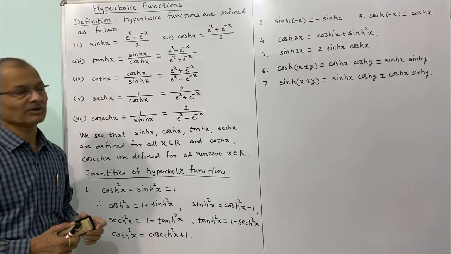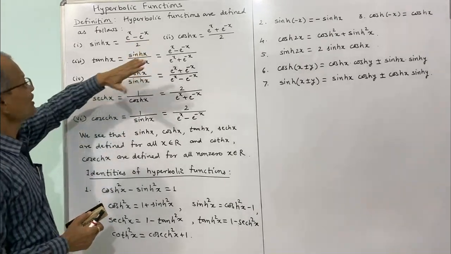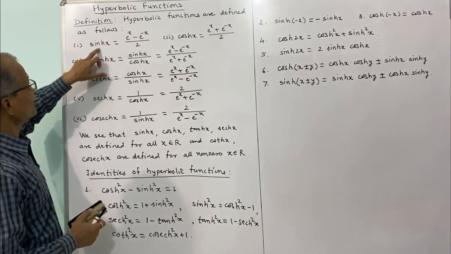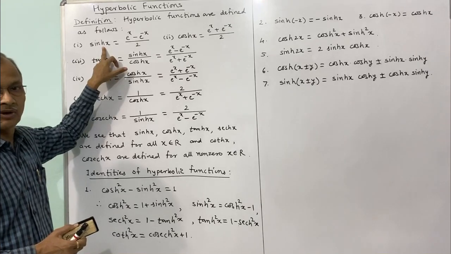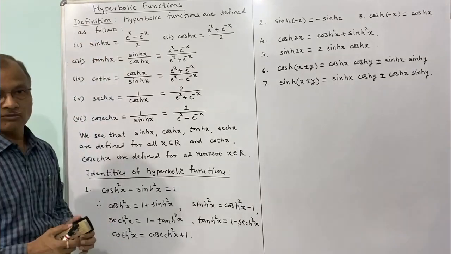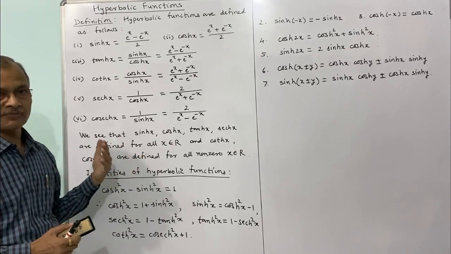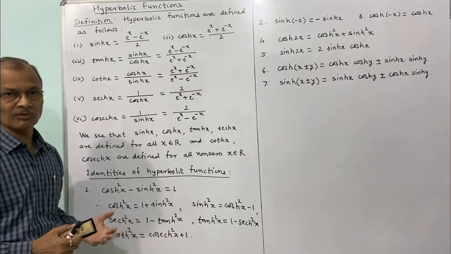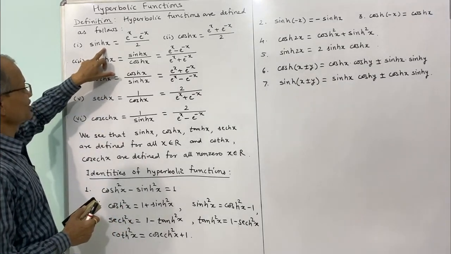e raised to x, or e to the power x, is an exponential function, and the hyperbolic functions are denoted by this symbol h. h stands for hyperbolic. For circular function we have only sin x or cos x, but here we will have hyperbolic sin x, hyperbolic cos x, and that are denoted by this h letter.